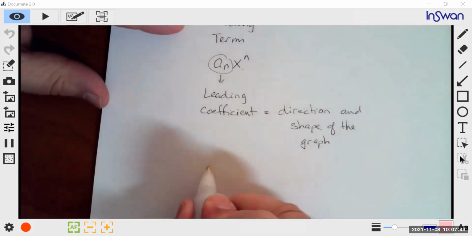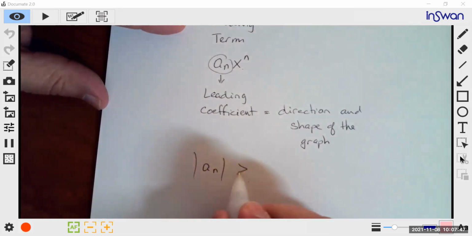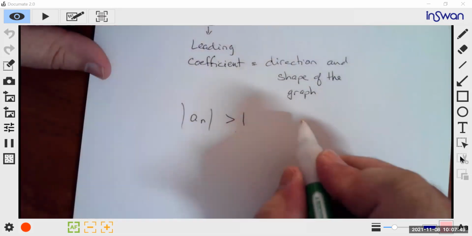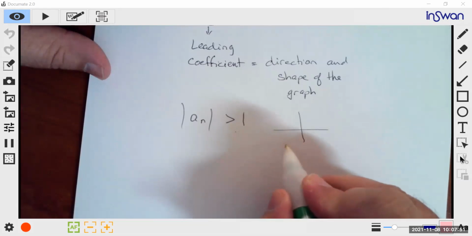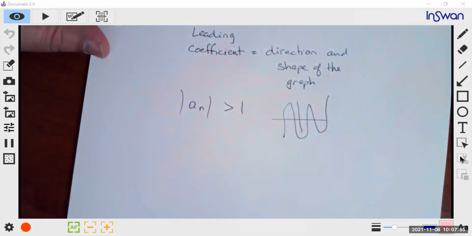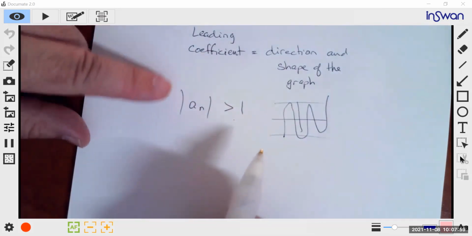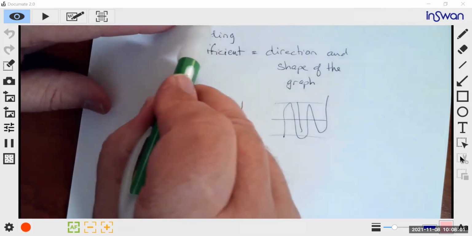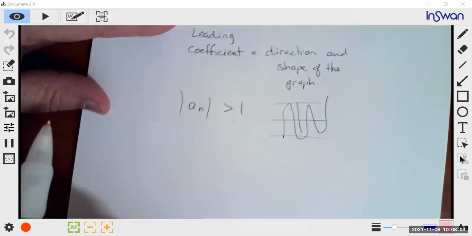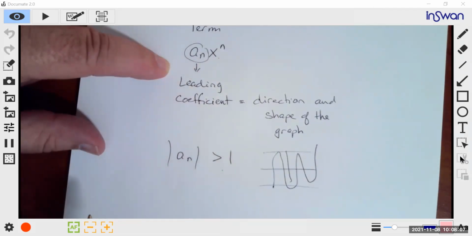So if the value of that is greater than 1, it gets higher, because whatever the value of x is, we multiply it by that coefficient.